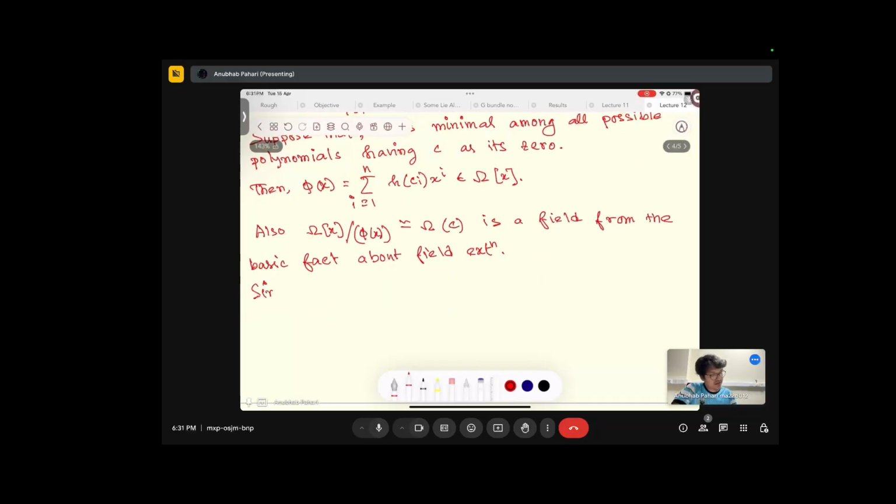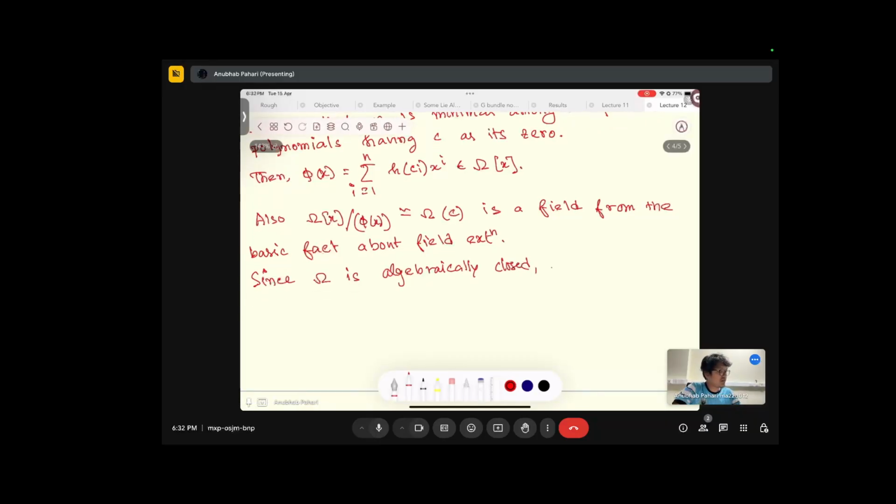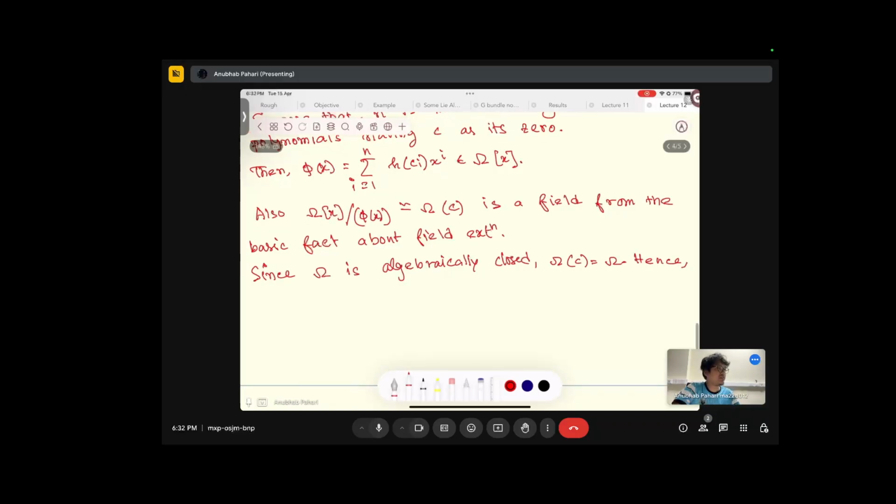Since omega is algebraically closed, omega first bracket C should be omega, hence rho from C third bracket x to omega x, labeled by h going to omega x by phi of x.